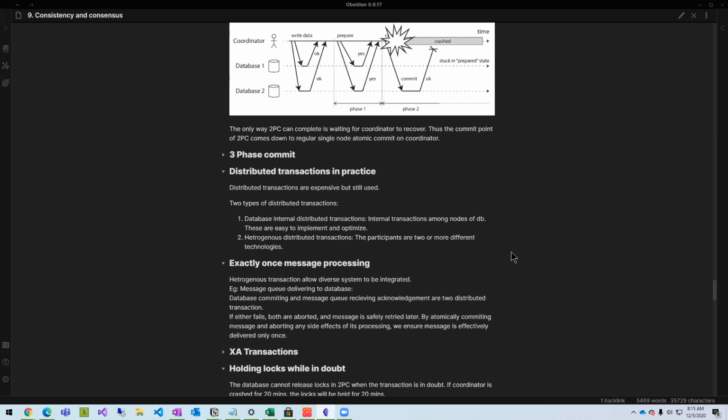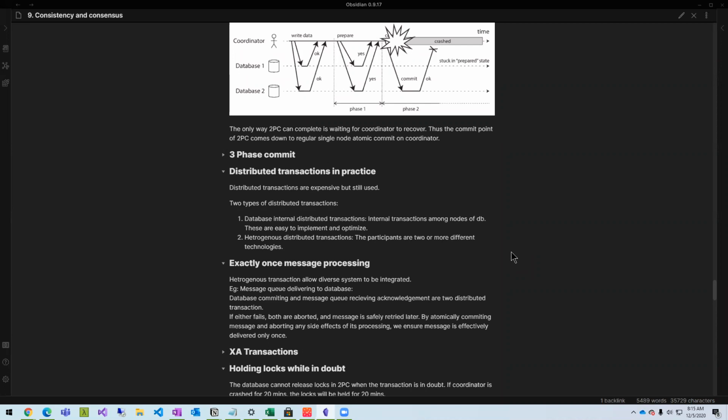A very famous scenario is that if we are buying anything, we want both things to happen at the same time, right? I should be able to successfully pay, and then the order should be placed, like in a distributed transaction fashion.